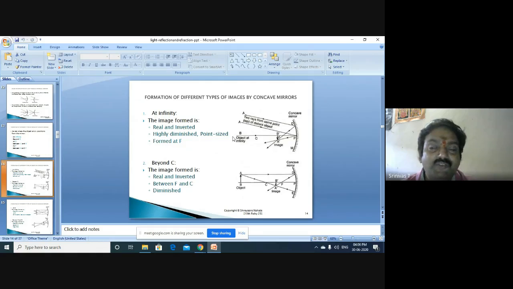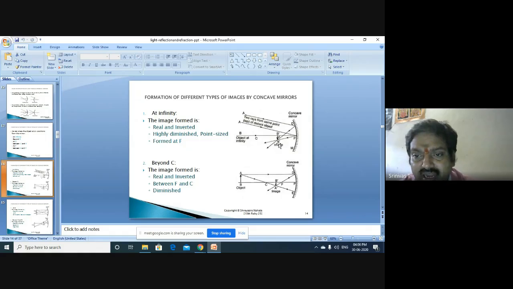So in the first case, if the object is at infinity, we know that from infinity, the light rays emerge parallelly. If you assume two parallel lines from infinity, after reflection you can see in the picture that they pass through a particular point, here, A dash.